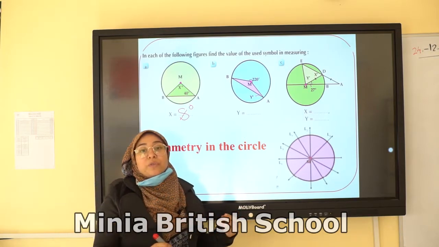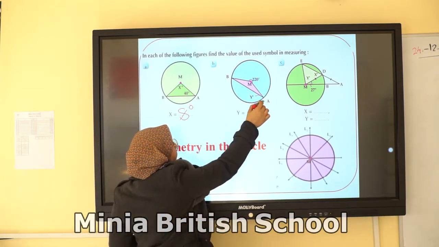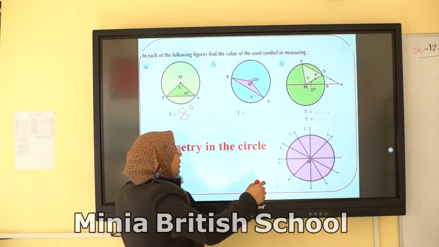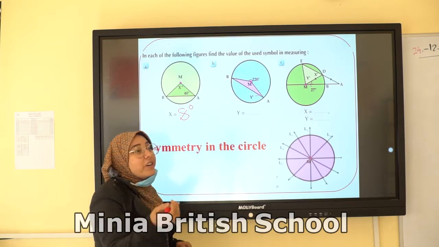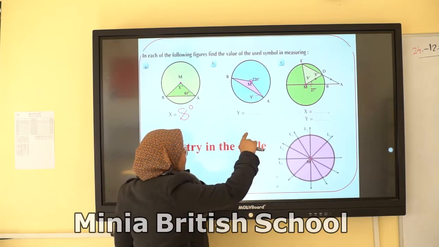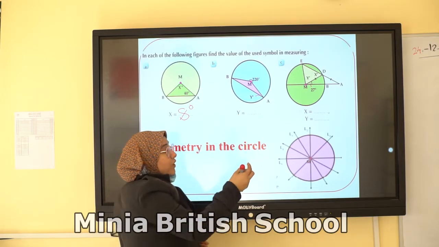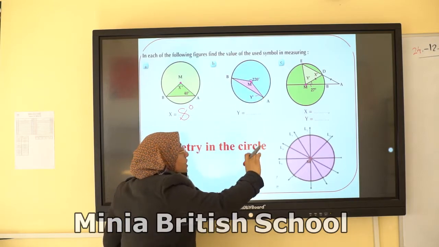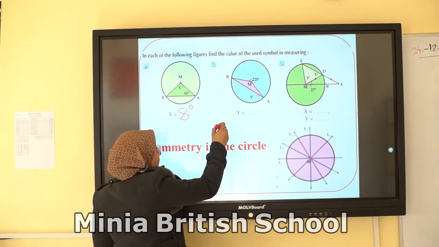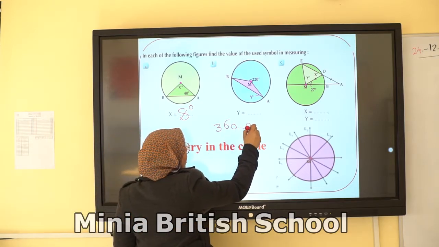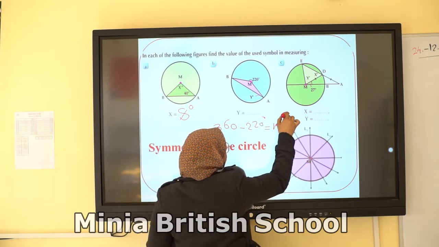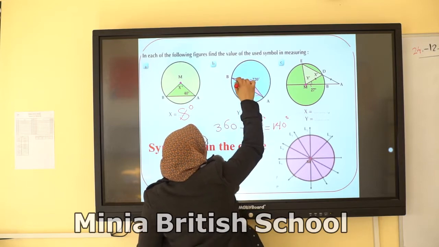Here, I need to find the measure of angle Y, MAB. I only know the measure of the reflex angle of angle BMA. So first I need to find the measure of angle BMA. Therefore, its measure is 360 minus 220, which equals 140 degrees.